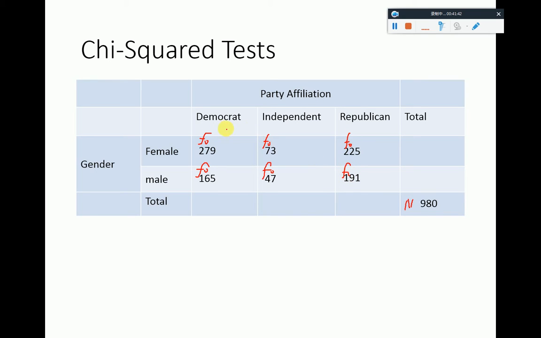Now the question is, what are the expected frequencies? Once we figure out the expected frequencies, we can compare how different the observed frequencies are from the expected frequencies. So my question now for you is, how do we calculate expected frequencies based on all these numbers?